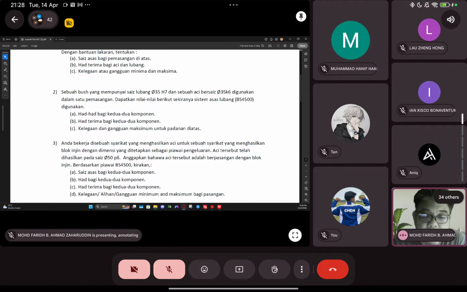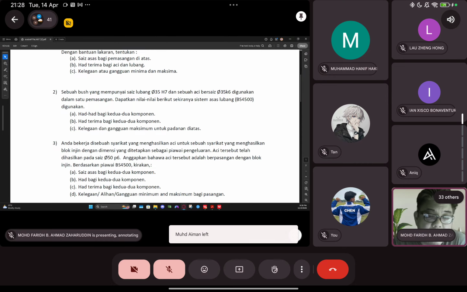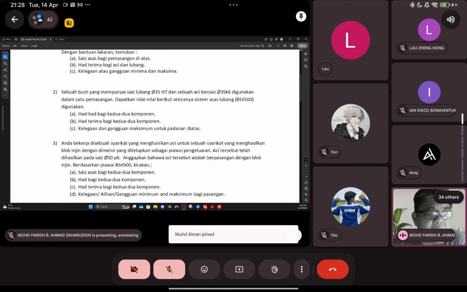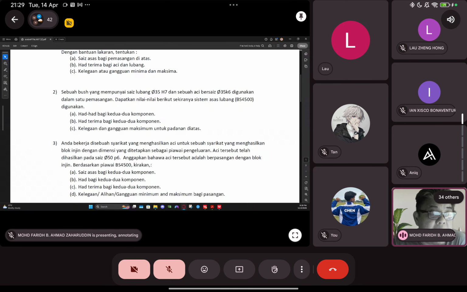Right, guys? Okay. Are you listening? Yes, doctor. Okay, can you give us the answer for A? The limits for both components. What is the limit? The upper and lower limit for the hole. What is the upper limit of the hole?